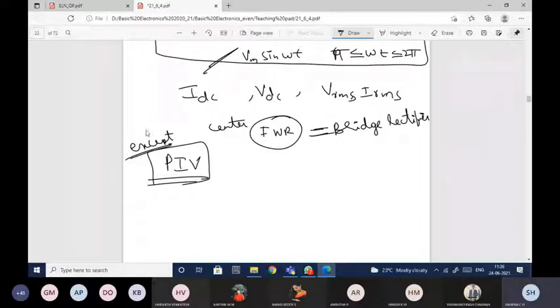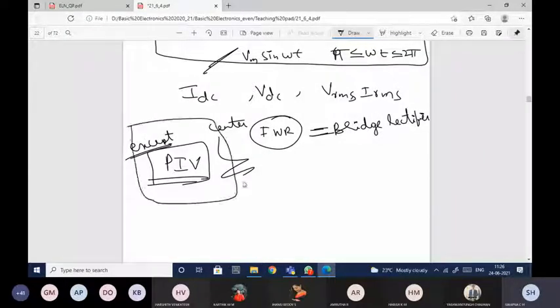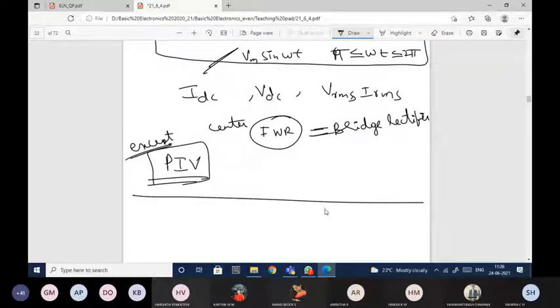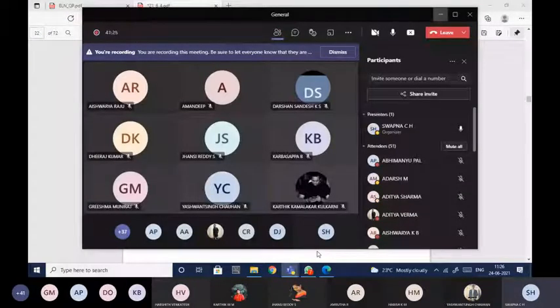Because PIV is calculated by using the circuit itself. Since the circuit is changed, the PIV may change. We will check whether the PIV is changing or not. Any doubts until here? Anybody want me to repeat anywhere? Please let me know.